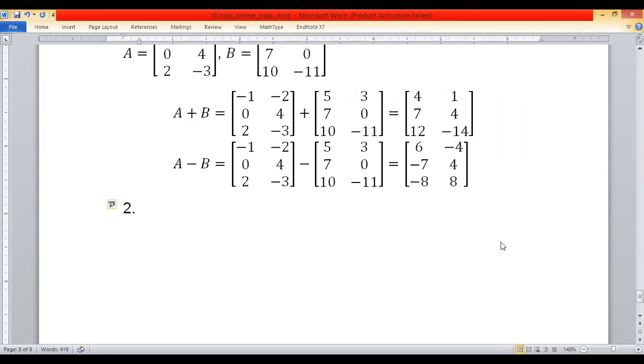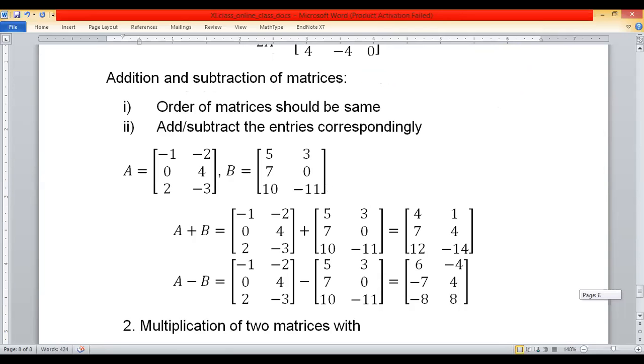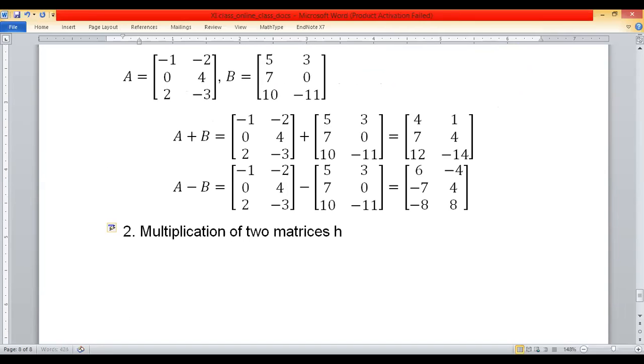Actually, multiplication of two matrices, entries कौन सी हो, of two or more matrices having real and complex entries. So let's try.